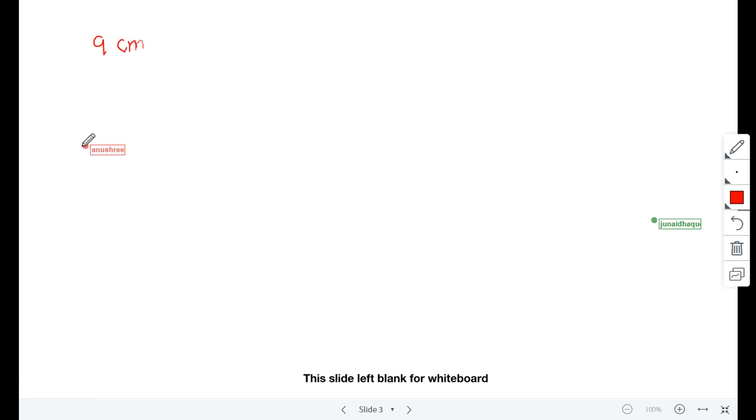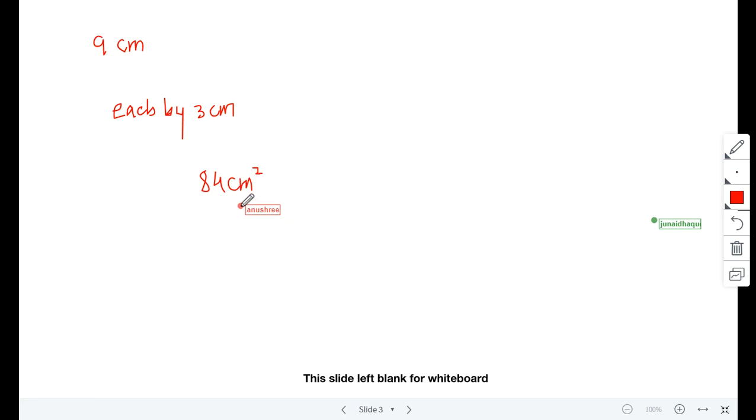If the length and the breadth are each increased by 3 centimeters, the area of the new rectangle will be 84 centimeters squared more than the given rectangle. Find the length and the breadth.